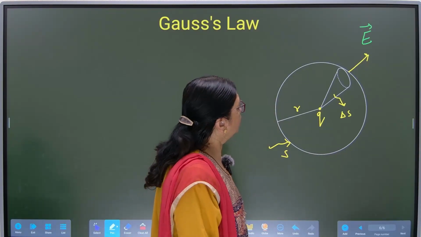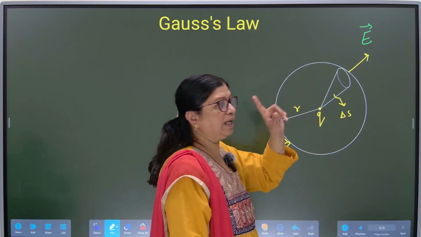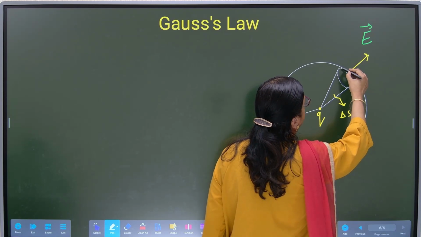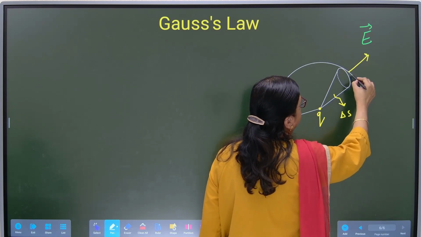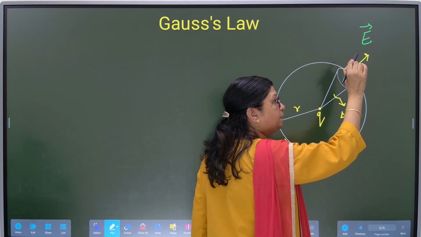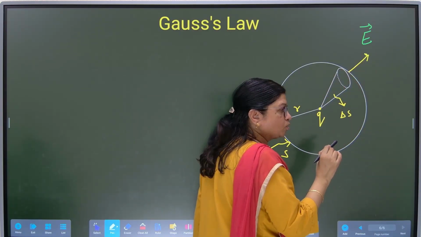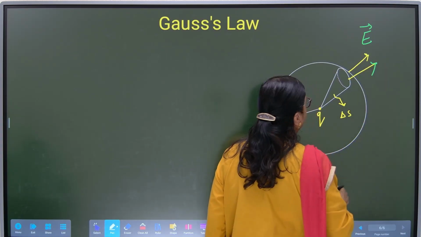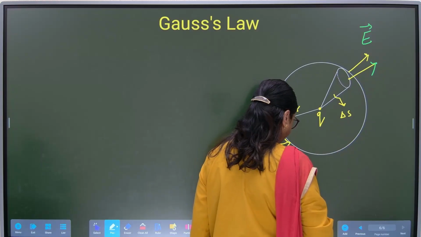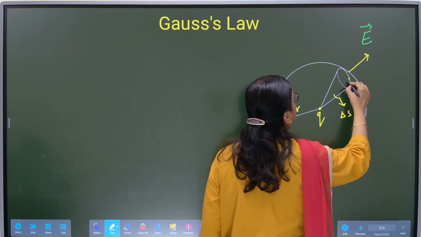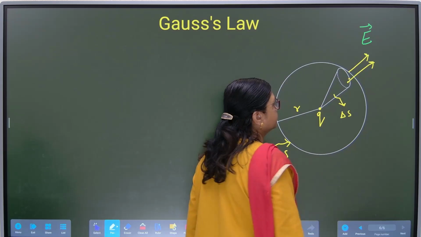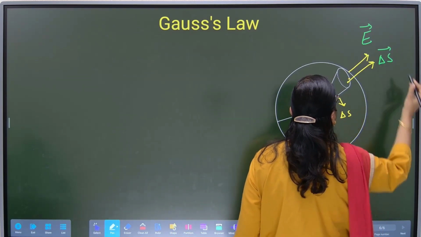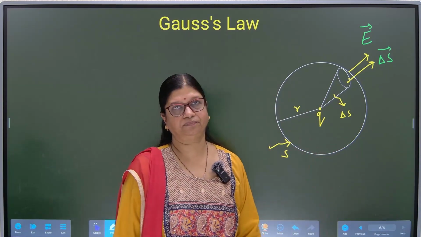Now, similarly, for an area element as discussed just now, I consider the direction radially perpendicular to the surface, the surface which I have considered for delta S. So delta S direction is also the same as that of E. Right?